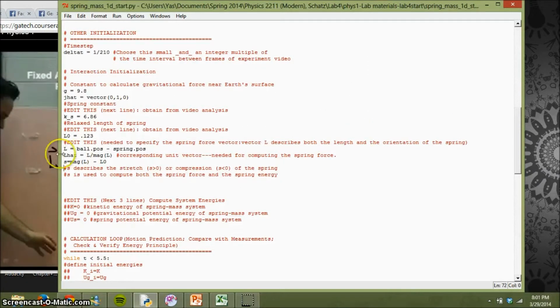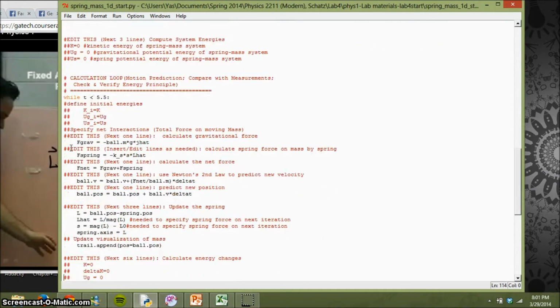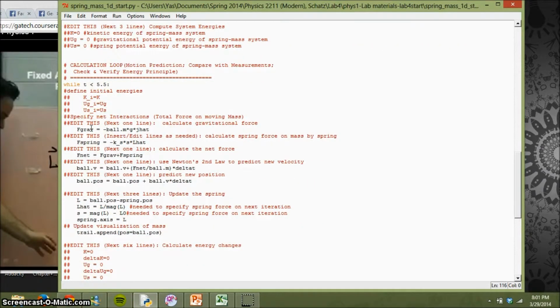With this, we can then find the vector L as well as L hat and s. Another thing we need is the gravitational force, which is just negative mg, and we need the j hat vector to make this into vector form. We have the force of the spring, and both of them added together is our F net.